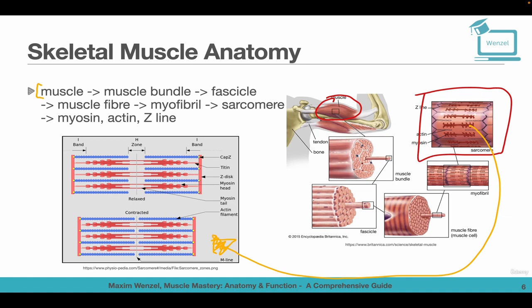And then we can see how a contraction of a muscle works. So here in this part, there will be the contraction. Like if you tell your body, as example for gripping in your arm, I want to contract. These will move into the middle. So I will tell you how this works.